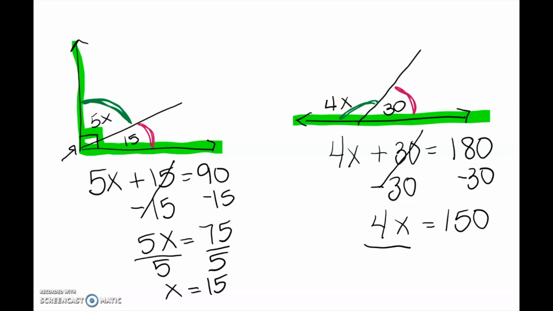We're going to divide both sides by 4, and we get x equals 4 goes into 15 3 times, which would be 12, so we've got 3 left over. 4 goes into 30 7 times, which would be 28, so we have 2 left over. We need a 0, and it would go in 5 times, so 37.5. You might have to write that out using long division, but x equals 37.5.